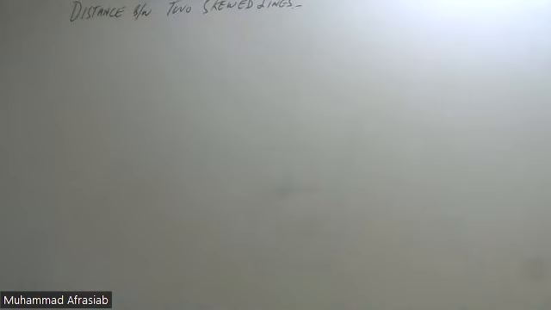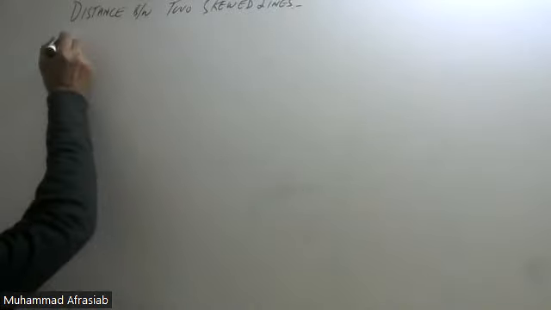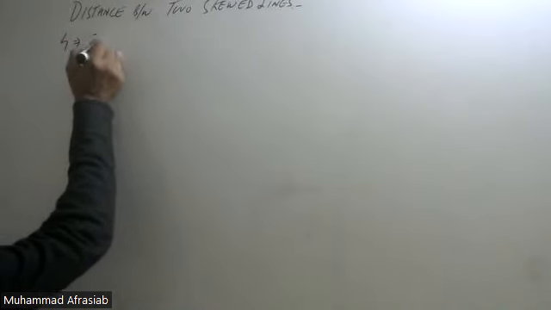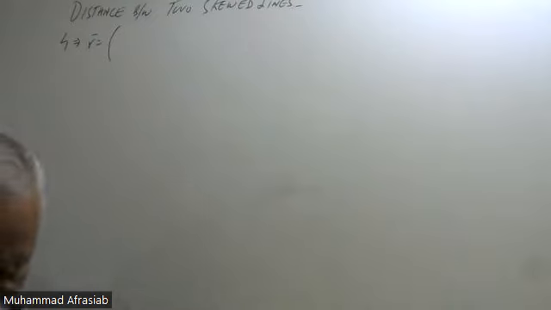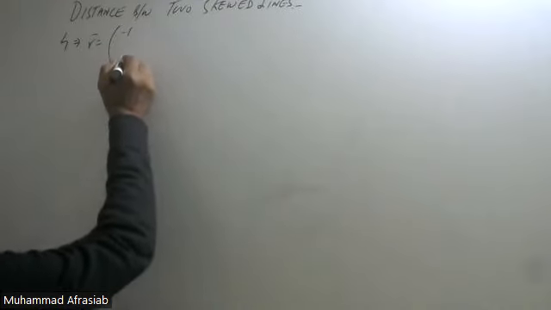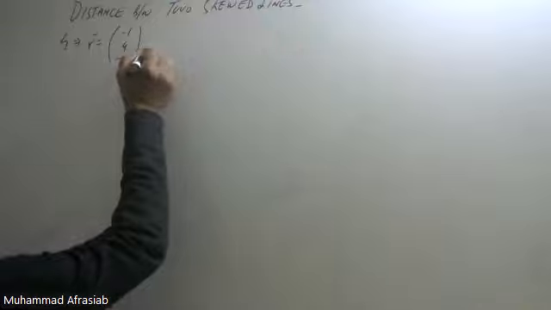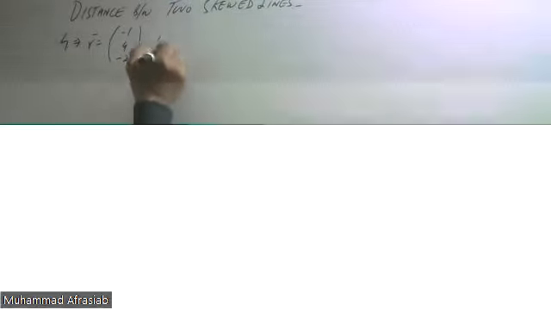For that, let's suppose the line L1 has the equation r equal to (-1, 4, -2) plus t times the direction vector (3, 3, 5).